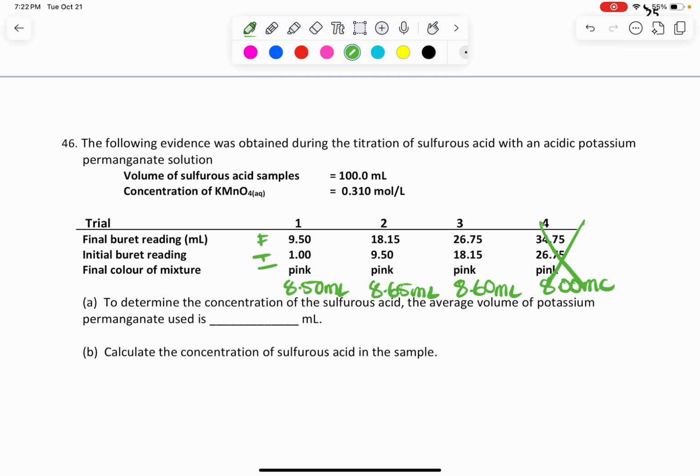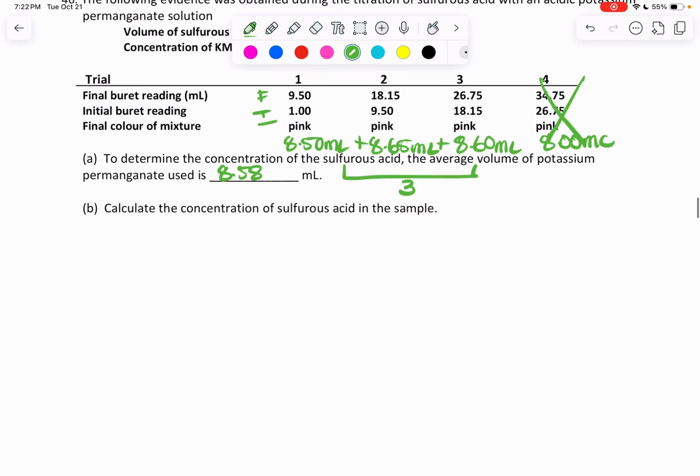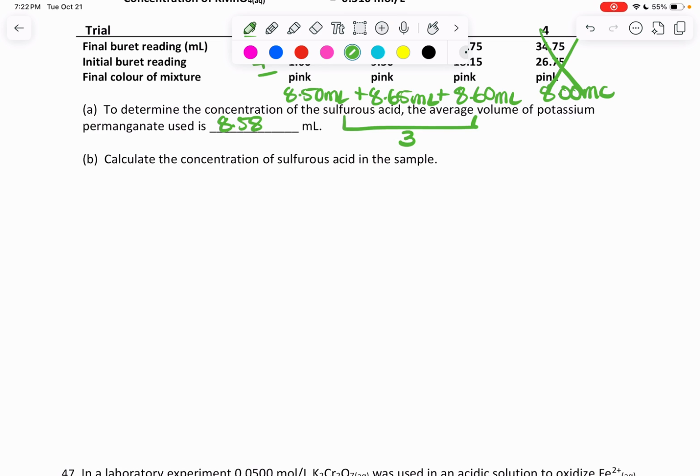So obviously that one's the one that we decide to get rid of. If we add all of these together and divide by 3, we should get an average of 8.58 milliliters of solution. Now we need to calculate the concentration of sulfurous acid in our sample, in our burette.